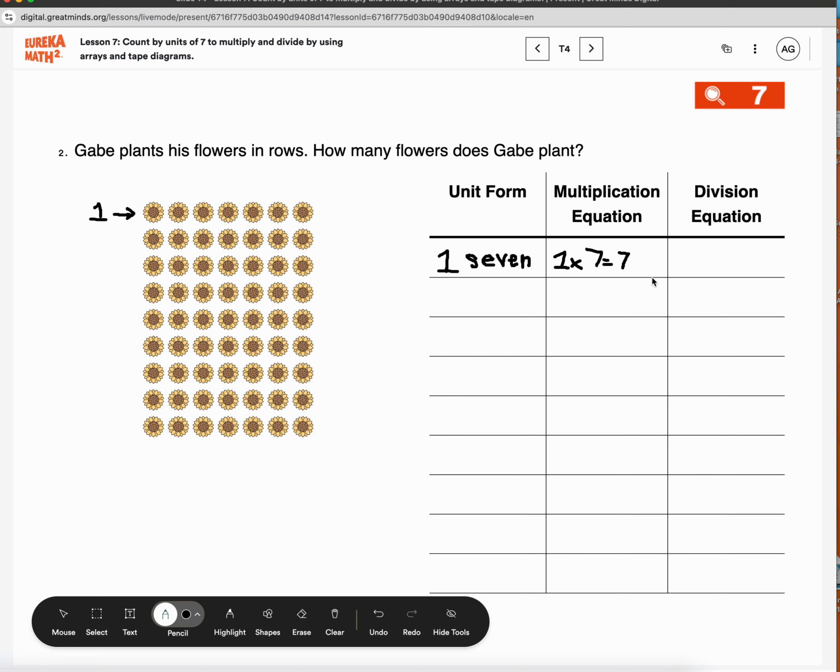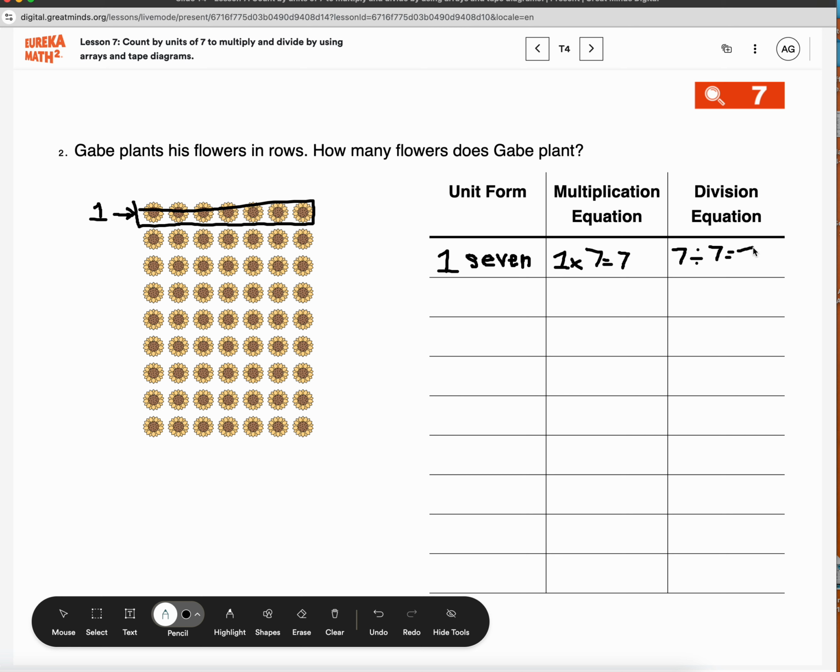And then for division, I'm going to obviously take my total 7 divided by the number of sunflowers in each row. There are 7 in my row, right? In each row, I have only 7 inside, so that's this number. And how many rows do I have?